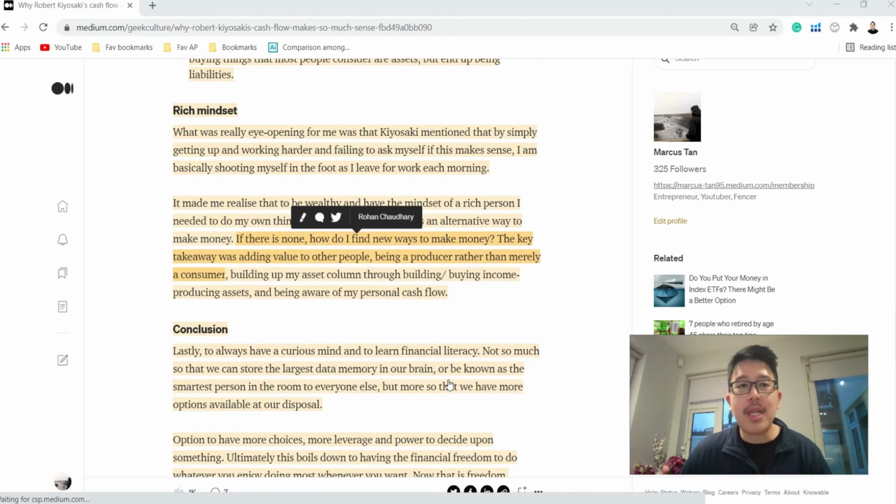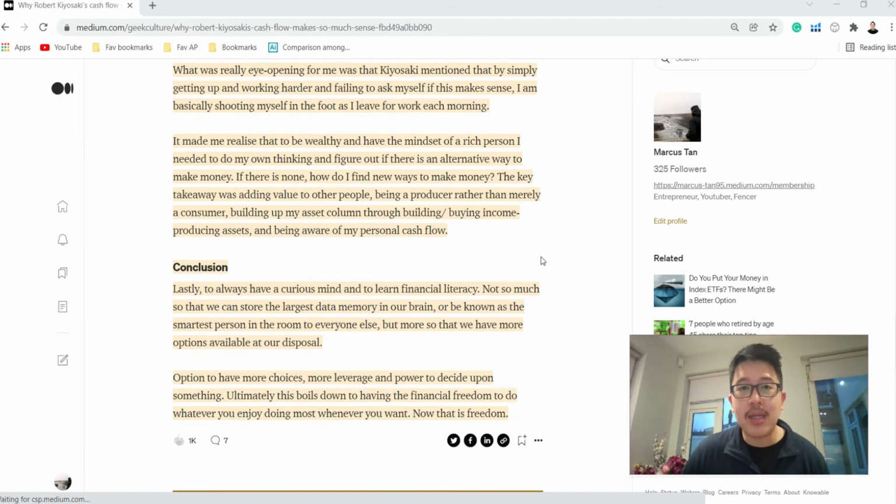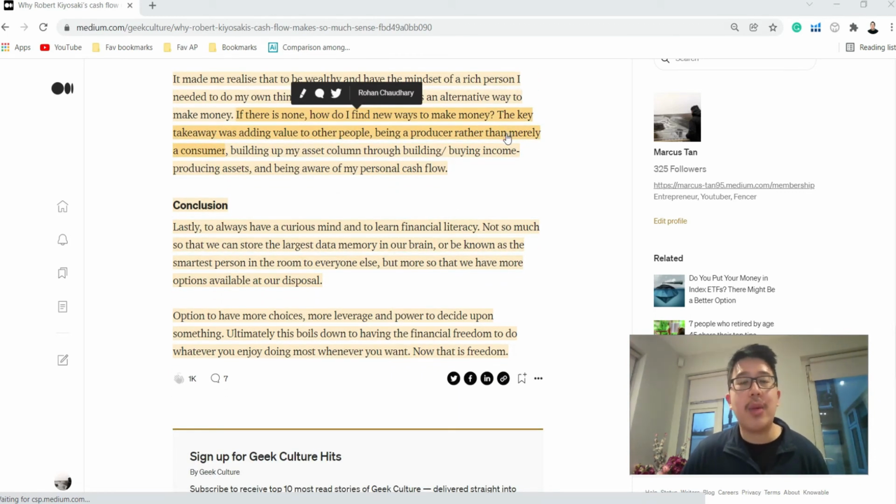So having a rich mindset is very important, especially when you start this journey. The one thing that Kiyosaki taught me was that if you want to get ahead, you need to have a rich mindset in terms of your thinking, finding new ways how you can grow your money. So the key takeaway that I've learned from him is to add value to people.